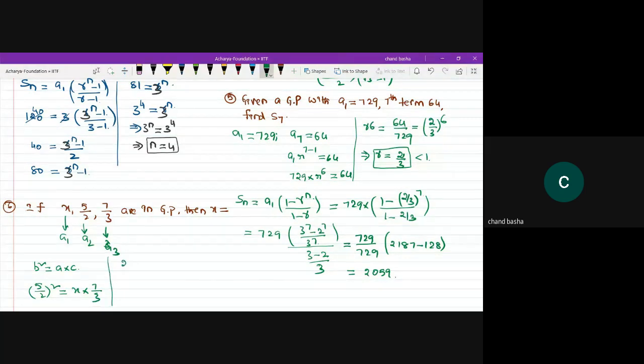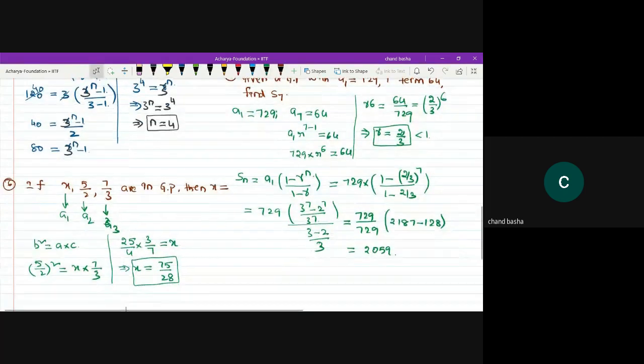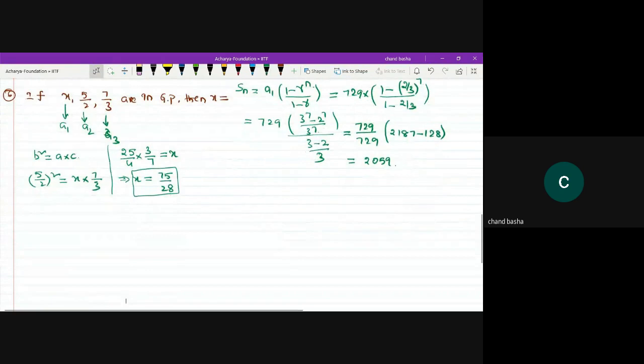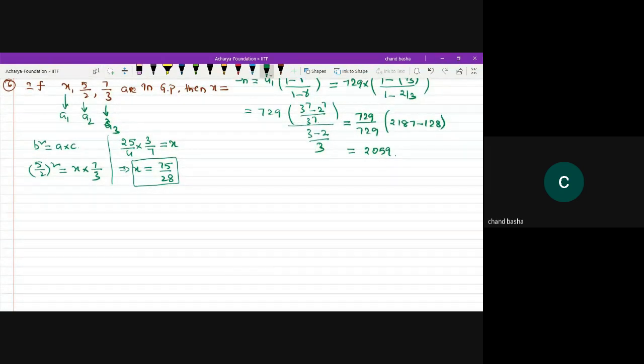That is 25 divided by 4 into 3 divided by 7 is equal to X. That X value is equal to 75 divided by 28. So that covers the geometric mean, the sum of n terms of the geometric progression, and the nth term also. The next problem.